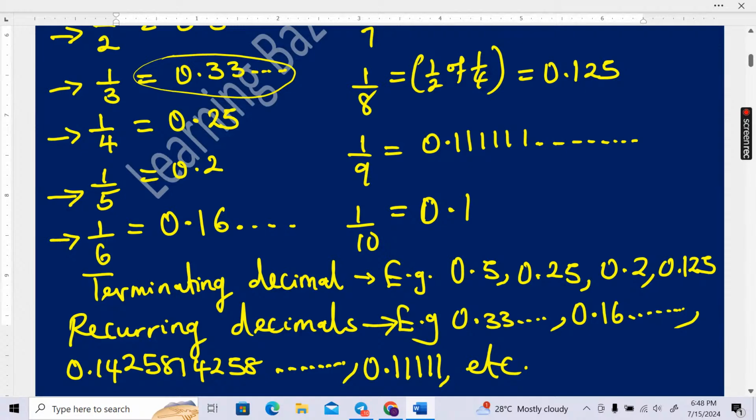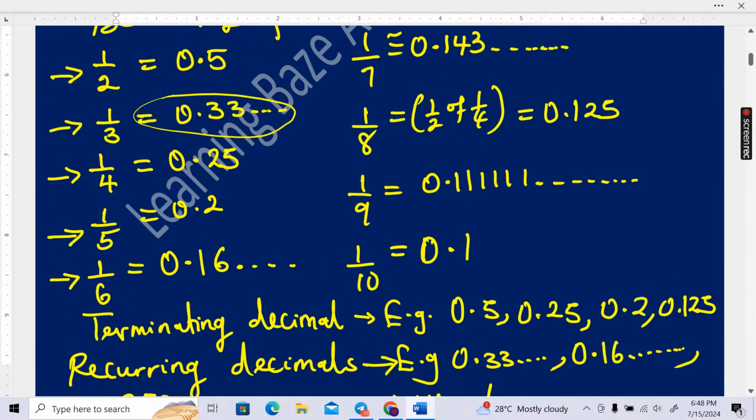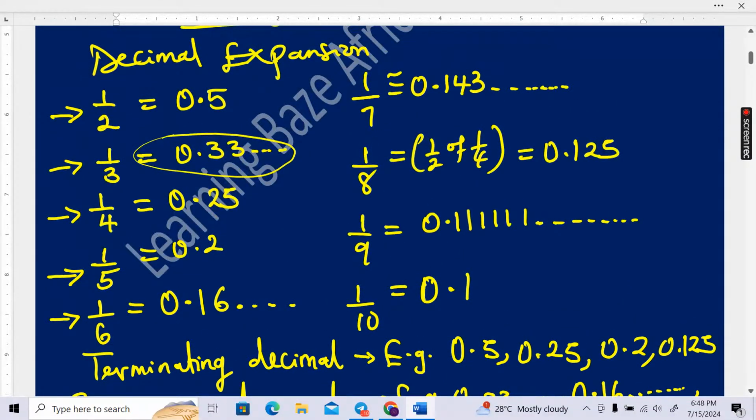Before you can divide any number, take note of all these decimal expansions. 1/2, 0.5. 1/3, 0.33333 up to infinity. 1/4, that's 0.25. 1/5, that's 0.2. 1/6, that's 0.16. 1/7, that's 0.143. 1/8, which is half of 1/4, that's 0.125. 1/9, that's 0.1111 up to infinity. 1/10 is equal to 0.1.